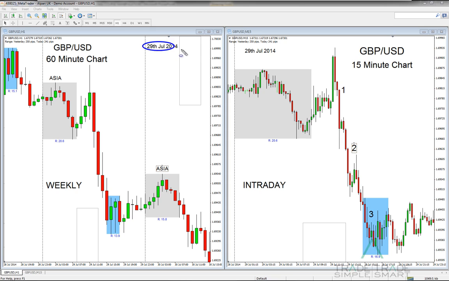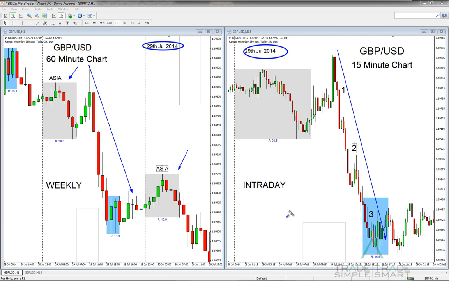Now, one phase or leg within the weekly cycle will be measured from one day's Asian session to the following day's Asian session. Okay, so in effect, one phase or leg within the weekly cycle is made up from one three-legged intraday cycle.